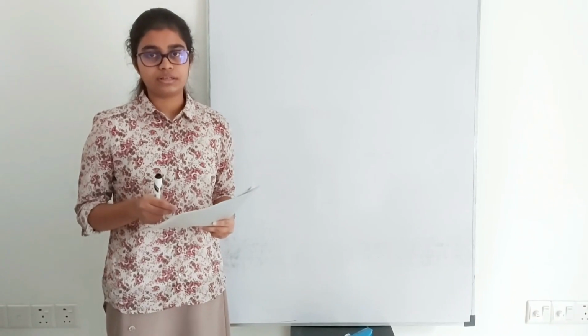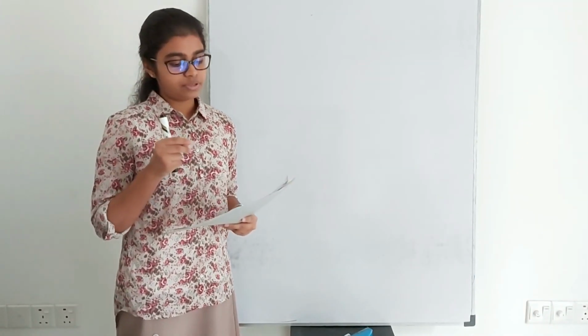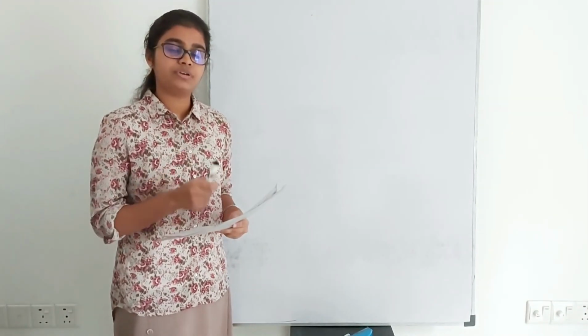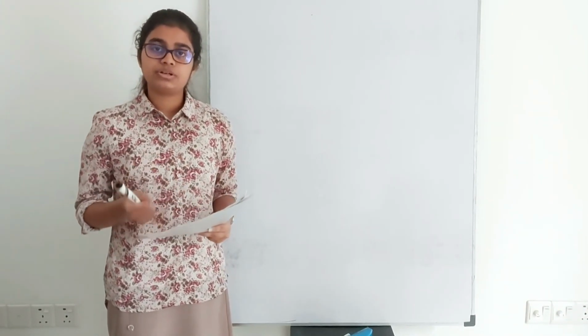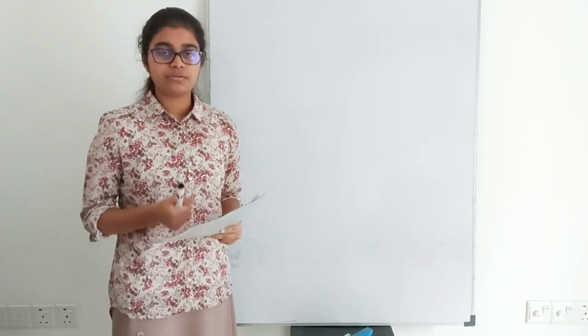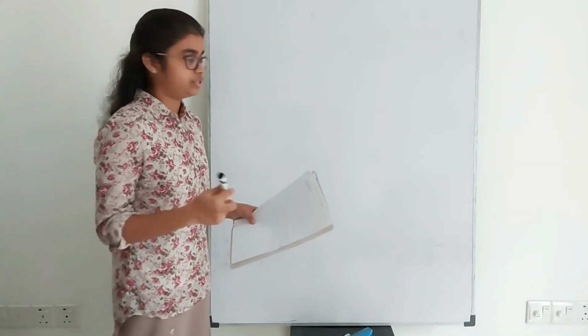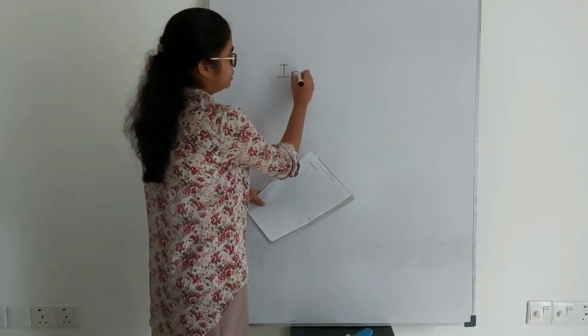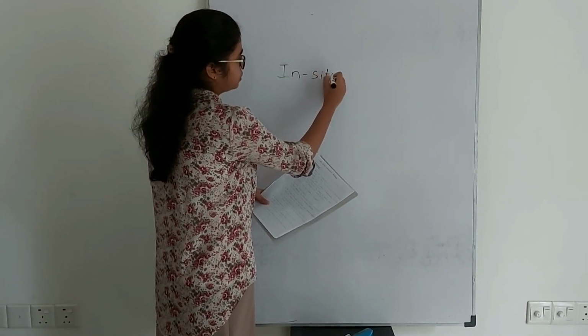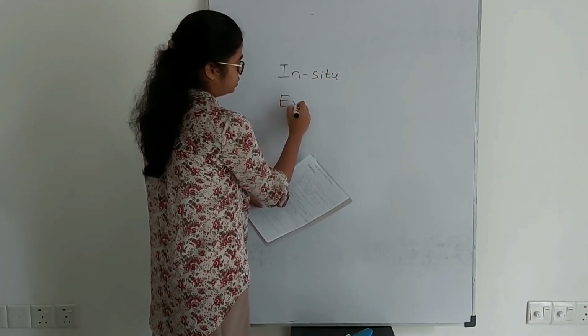And the second thing is, we have to specifically protect the species which face the danger of extinction, and we need to ensure their survival and the continuation of their reproduction. There are 2 methods of conservation. They are in situ conservation and ex situ conservation.